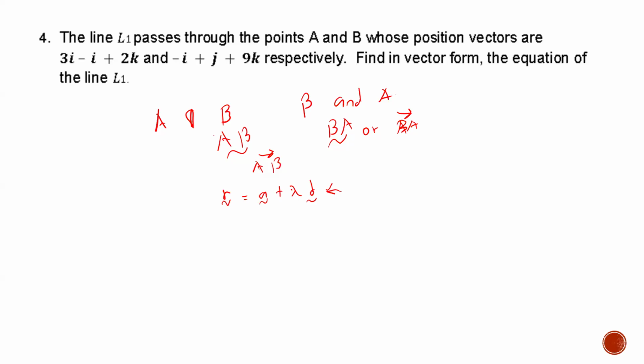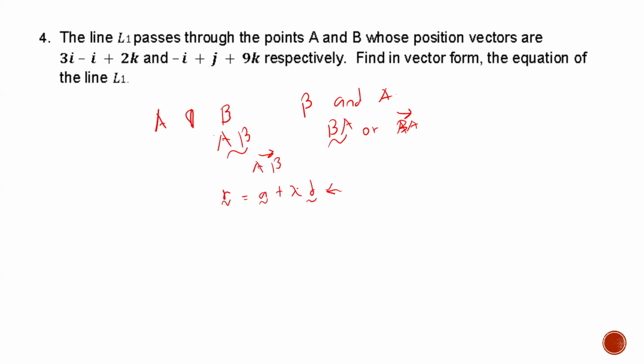The lambda, which looks like an upside down y, is a parameter, a variable that can take on any value. And d is the directional vector, the direction of the line, which some people also say is a vector parallel to this line. It's very good to understand what those symbols mean.